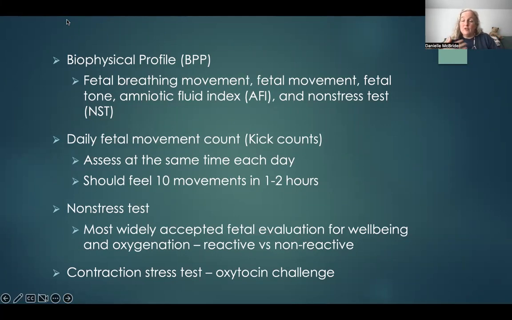It looks for fetal movement. Is the baby moving around? It looks at fetal tone. It looks at how much amniotic fluid is in there. A biophysical profile score that's high is very reassuring. A score that's low is very concerning. And so oftentimes if we have a low biophysical profile score, we might be looking at delivery. Because that can be an indicator that our baby's compromised and we don't want to let it become worse.